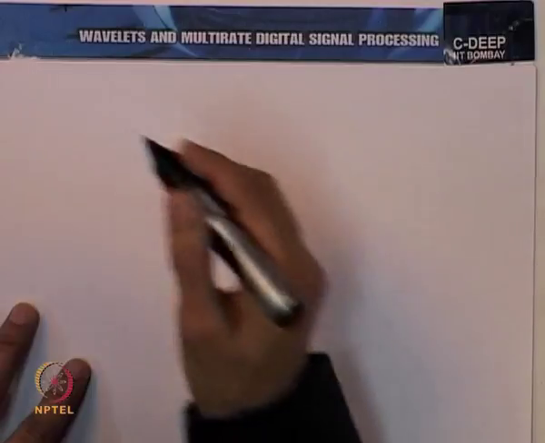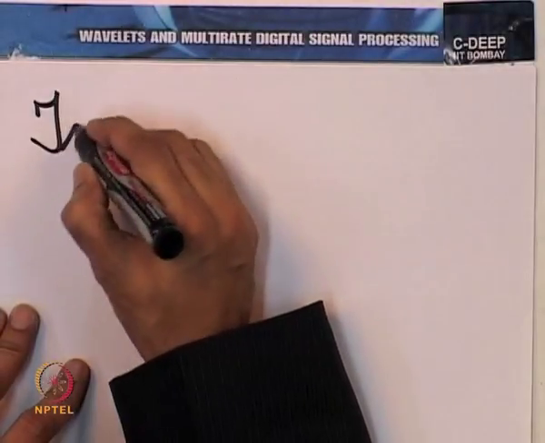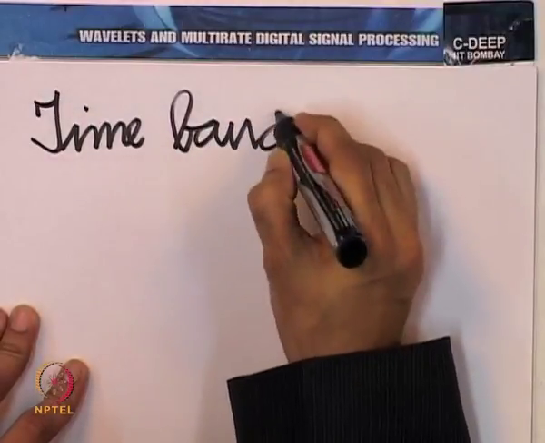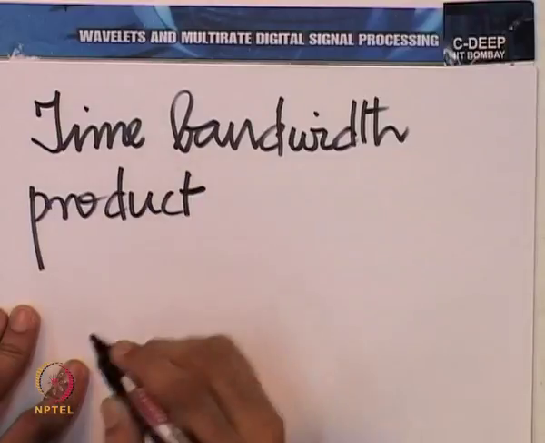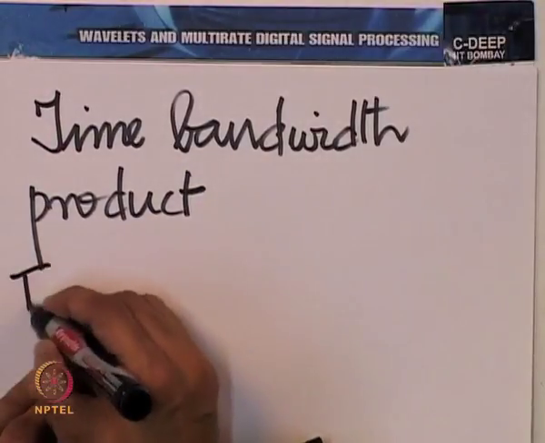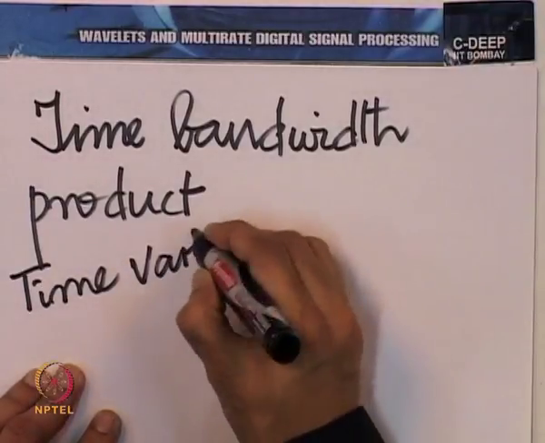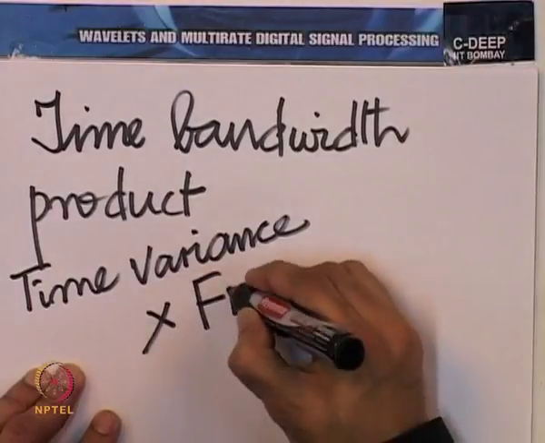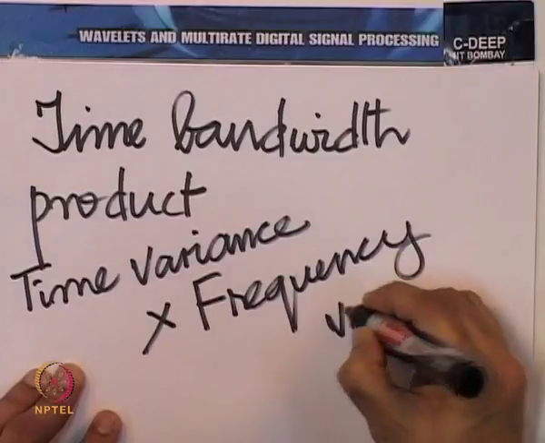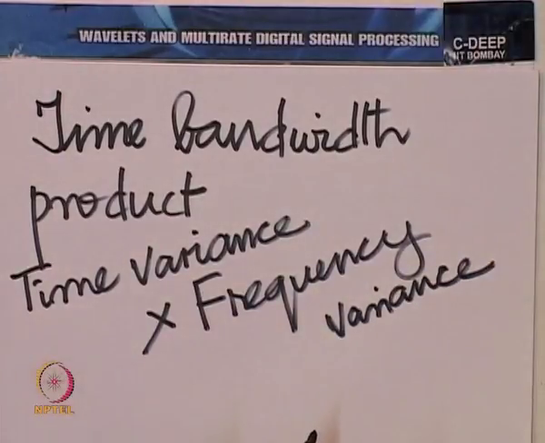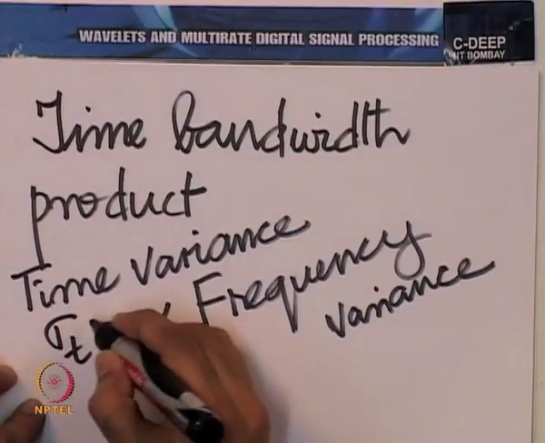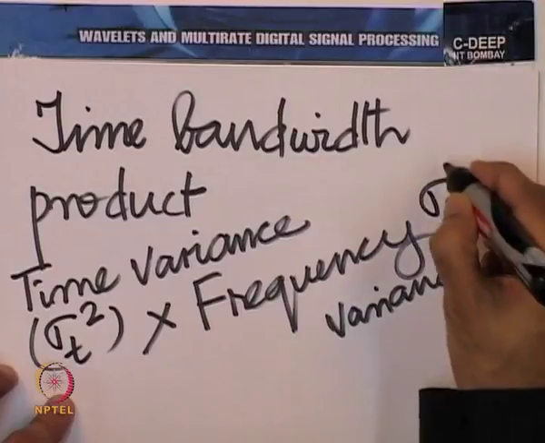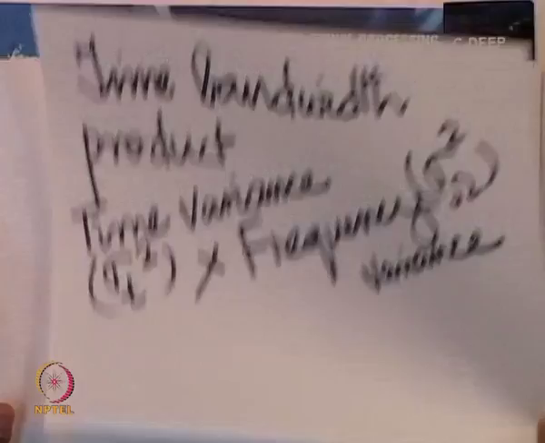Conclusion number 1, what is the minimum time bandwidth product that you can get? So, recall that we had defined the time bandwidth product to be the time variance multiplied by the frequency variance. And we said that this quantity, which we also described as sigma t squared times sigma omega squared, cannot fall short of 0.25.